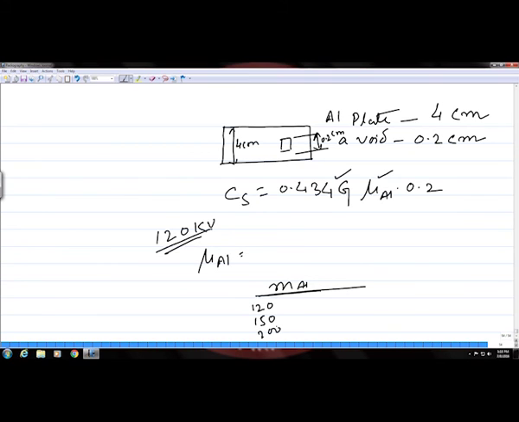So, for aluminum, let us say if it is at 120, if it is let us say 0.2 centimeter square per gram.